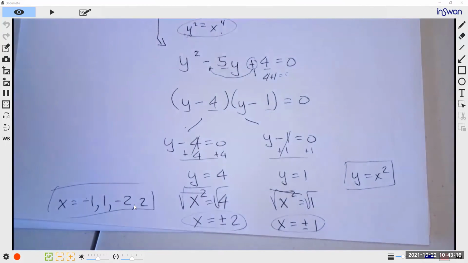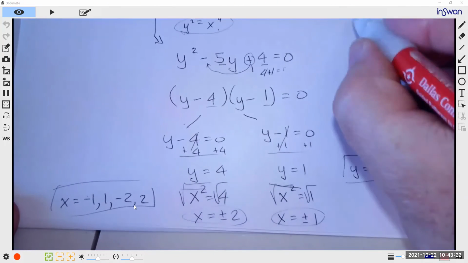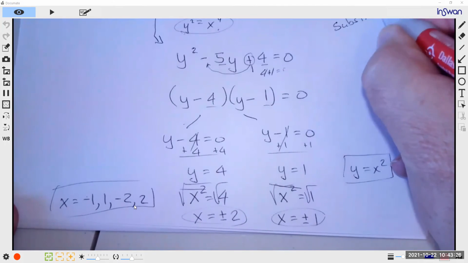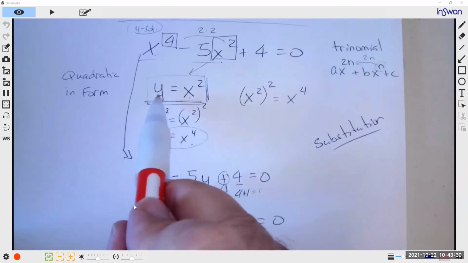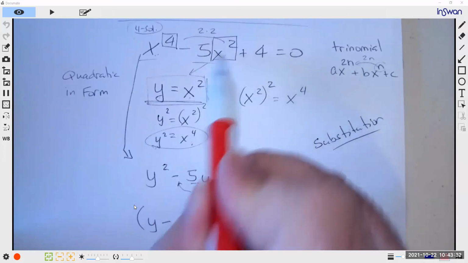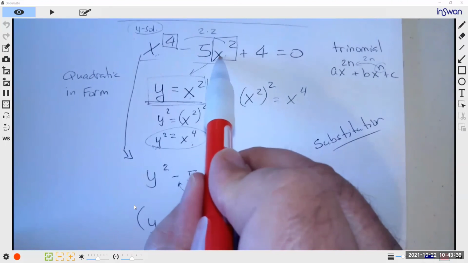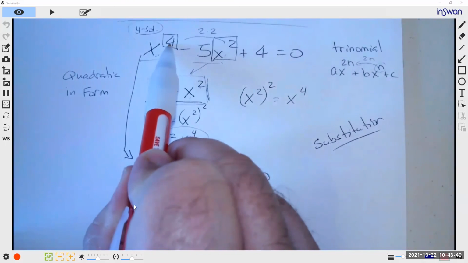So that's how quadratic in form works. You just have to rewrite it in something else. That's my process of substitution. I'm substituting anywhere I see an x squared, I'll just put a y. So that's 5y. This is 5y squared.